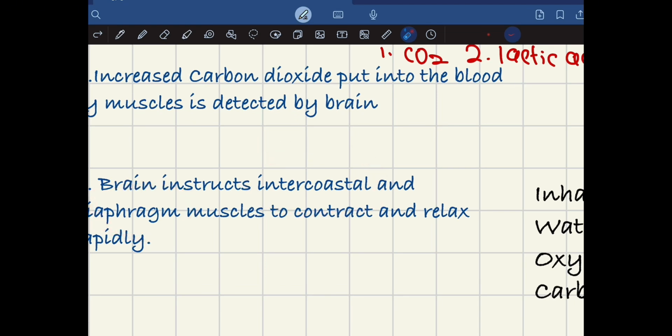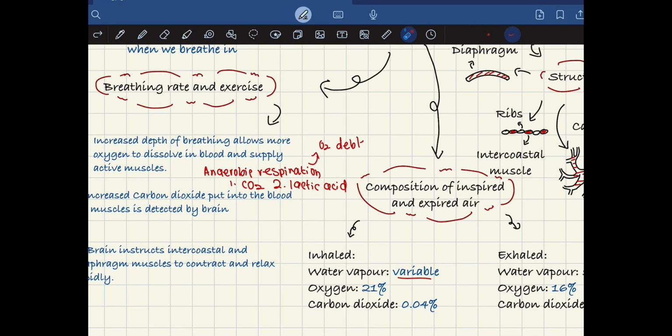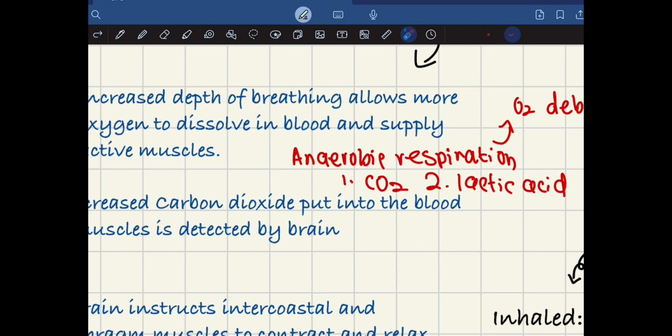In simple words, it will instruct our lungs, our gas exchange system, to work more quickly to overcome the oxygen debt. So this is how it is. If you're wondering where the carbon dioxide comes from, it came from anaerobic respiration, and we have to get rid of it because carbon dioxide is a waste product.